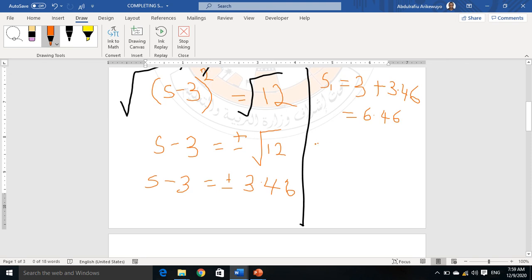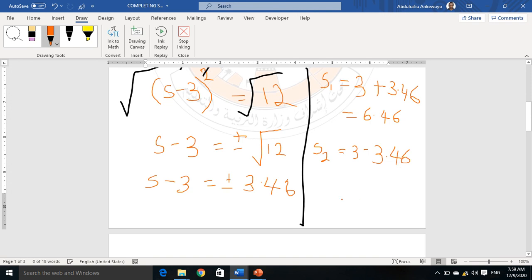Now the second s, I will do the same thing, but I will change plus to minus because I have two signs here. I have taken the first one, now I will take the second one. So I have s2 is equal to 3. Remember we took minus 3 to the other side, it becomes plus 3 minus 3.46, right?